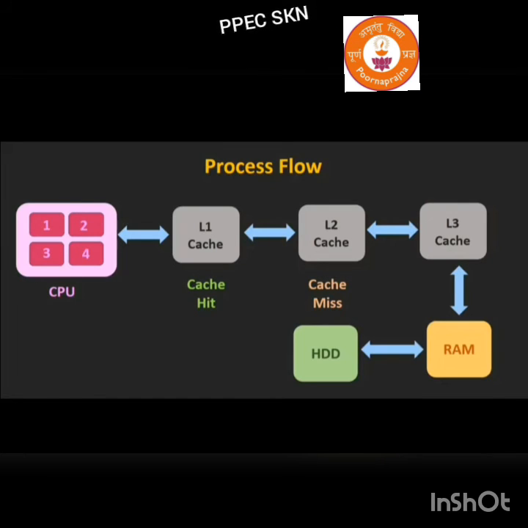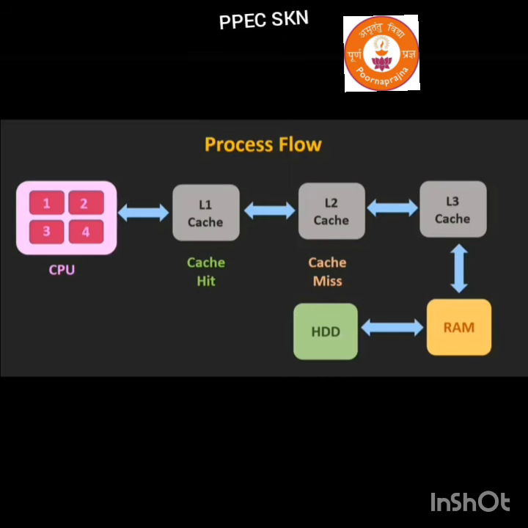So the CPU has to search and get the information from the hard disk. But frequently used data, information or documents will be saved in the cache memory. So the CPU can access it from the cache memory very fast, with no need to search the RAM and hard disk. So this is the process flow of the CPU.